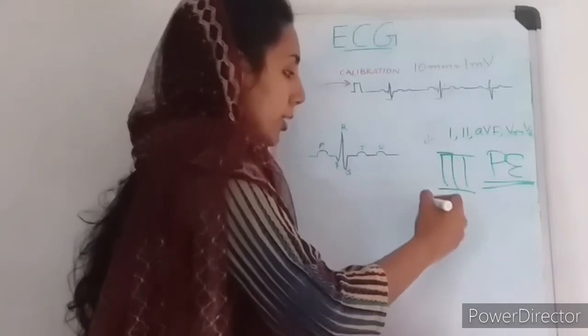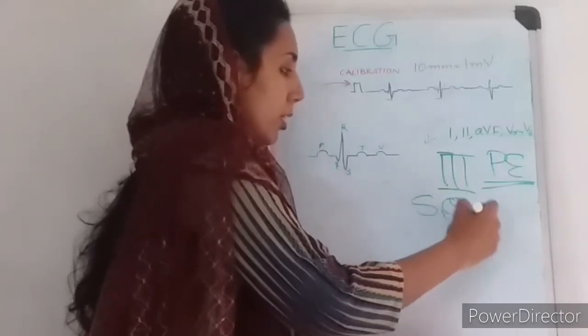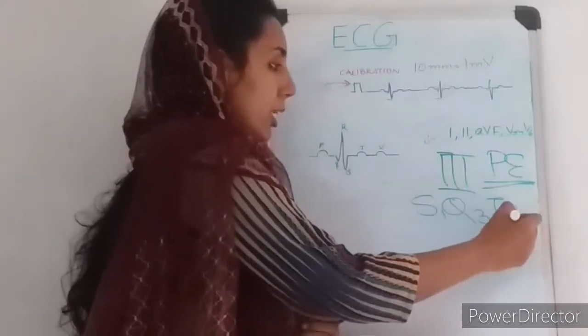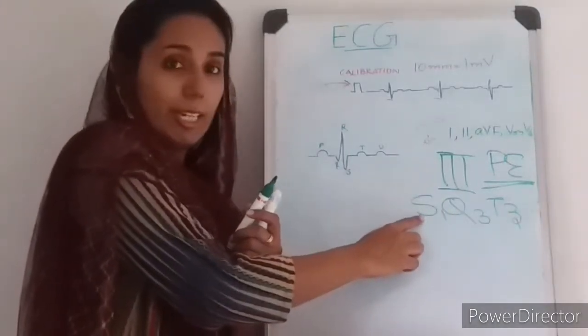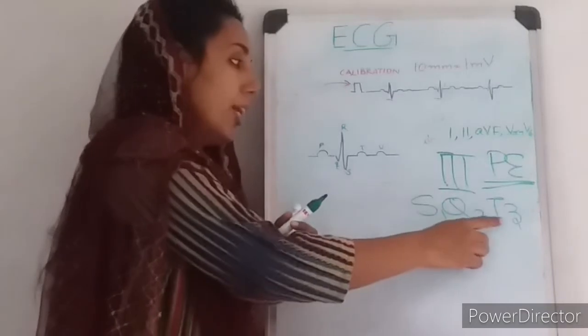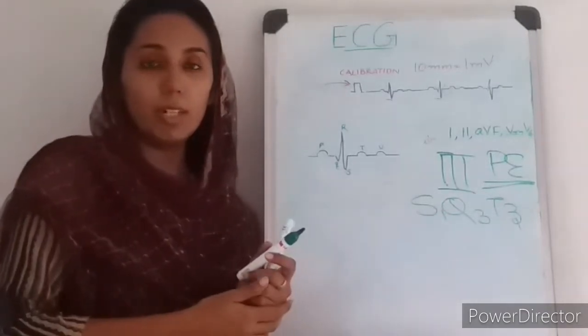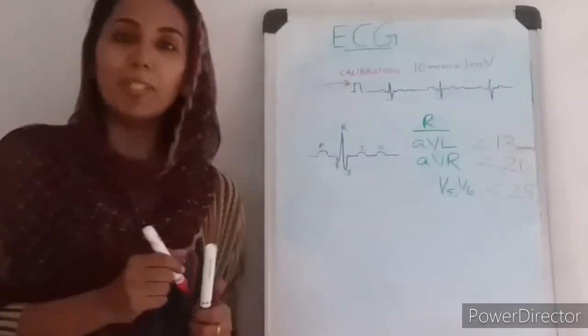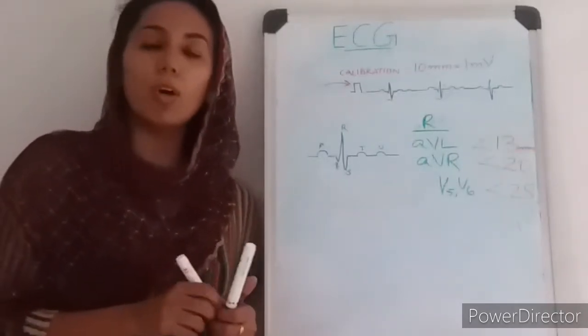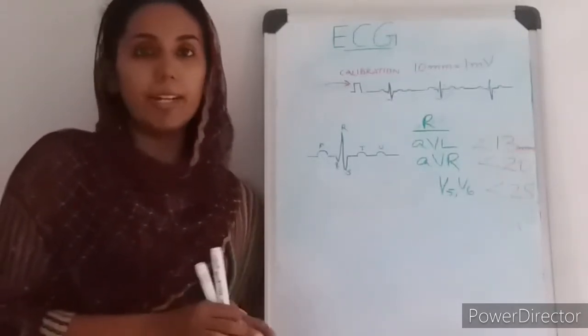This is called S1 Q3 T3 syndrome. That means you get a deep S in lead 1, a Q in lead 3, and a T inversion in lead 3. Again, suspect pulmonary embolism.